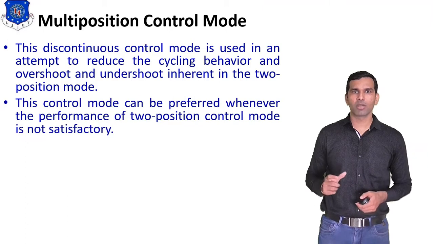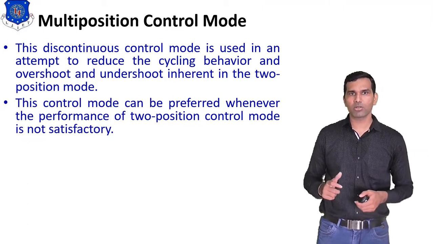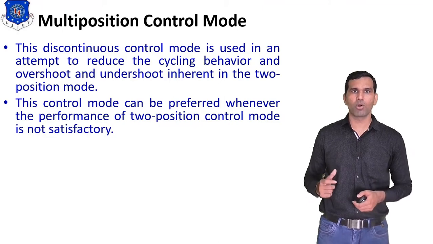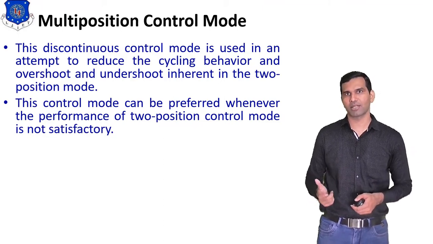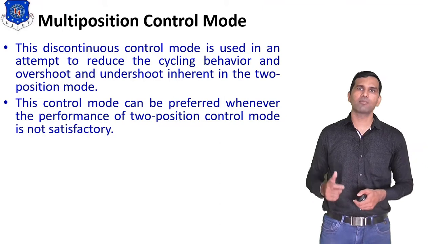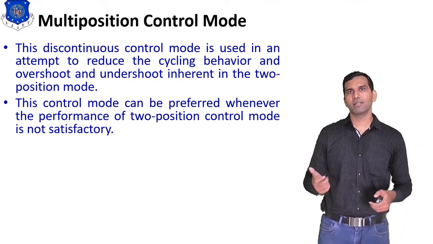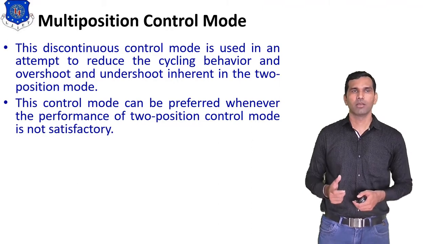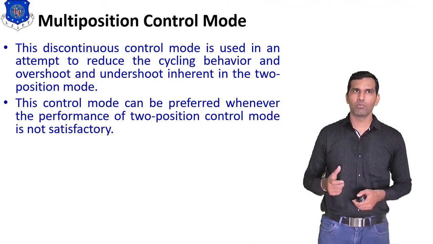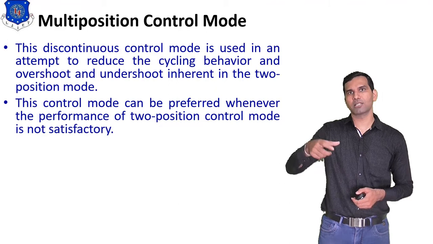This control mode can be preferred whenever the performance of two-position control mode is not satisfactory. That means sometimes we require multiple modes. We can understand this with the help of one example. Here we have to control a liquid tank system.